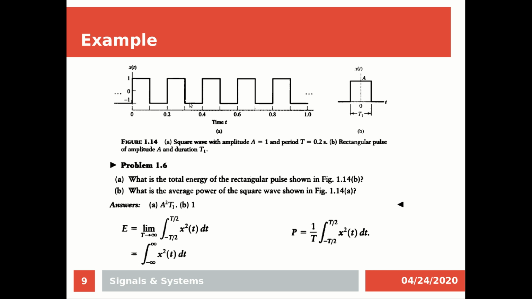So what is T here? T here is 0.2. The A squared is outside, and A is 1 here, so A squared is 1 to the power 1, so it is 1. So I take 1, integrate over T over 2 to minus T over 2, which gives me T over T, so the whole power is 1. That's why we call this a power signal.